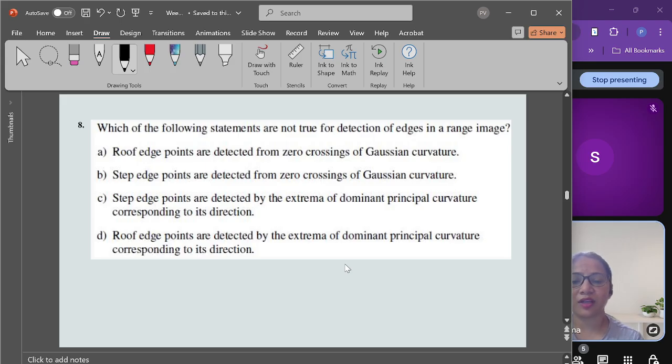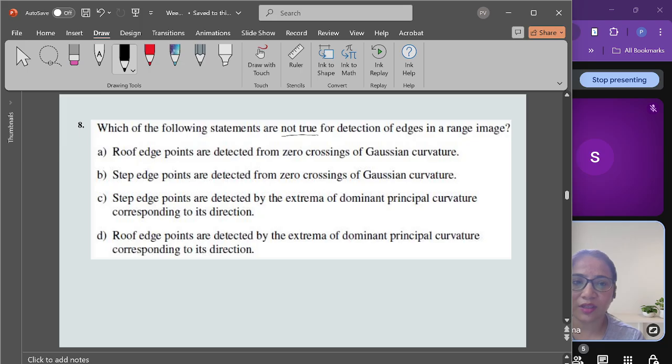But here in the question, just see the question. Which of the following statements are not true? They are not asking which options are correct. They are asking which options are not correct, for the detection of the edges in the range image. So just remember this one. They are asking which statements are not true, so we have to find out the incorrect statement.